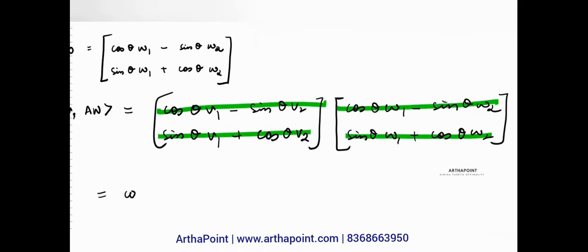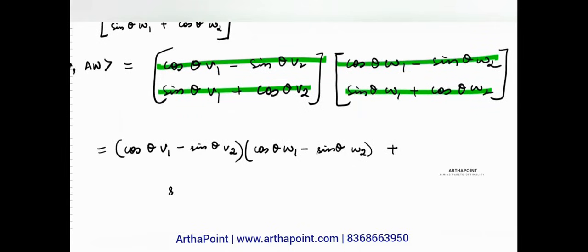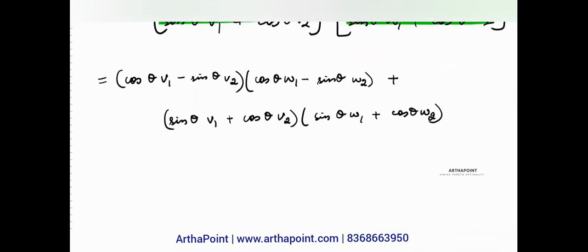First element multiplied with first element plus second element multiplied with second element. So it is going to be (cos theta V1 minus sin theta V2) into (cos theta W1 minus sin theta W2) plus second element into second element, (sin theta V1 plus cos theta V2) into (sin theta W1 plus cos theta W2). So multiply.